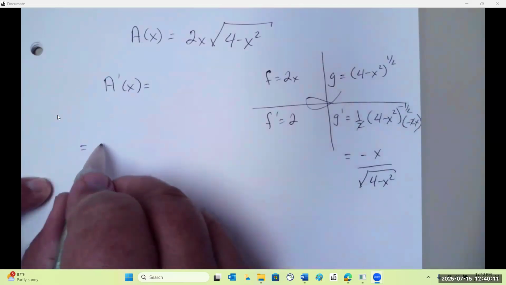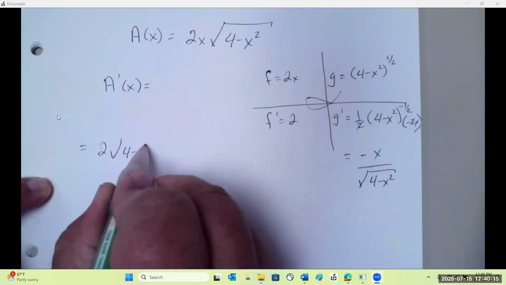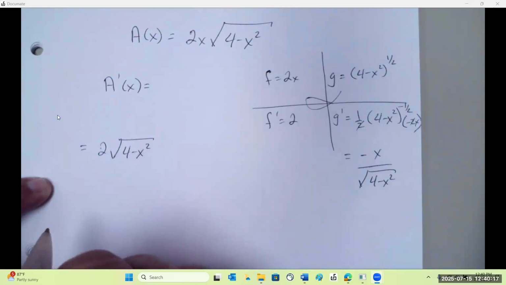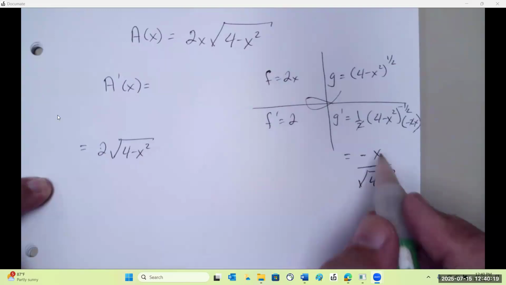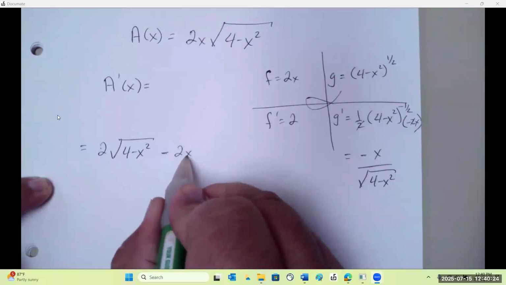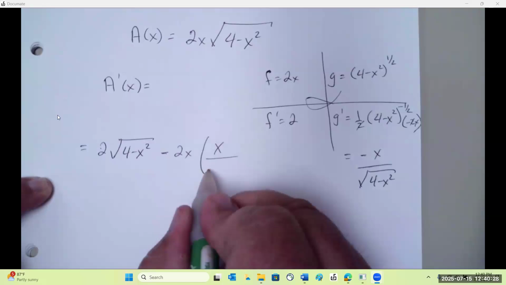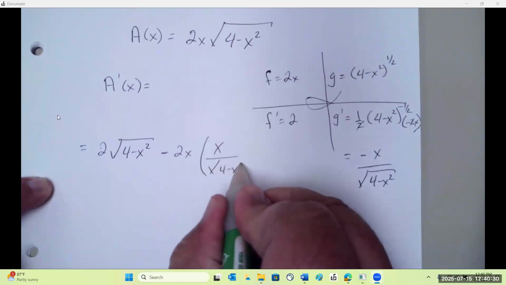So we have 2 times the square root of 4 minus x squared, plus, but it's a minus, so it's a minus 2x times x over the square root of 4 minus x squared.